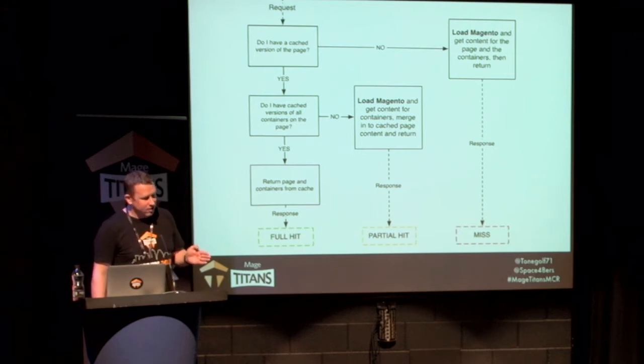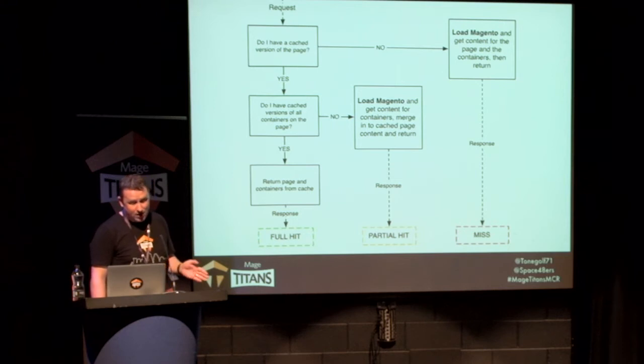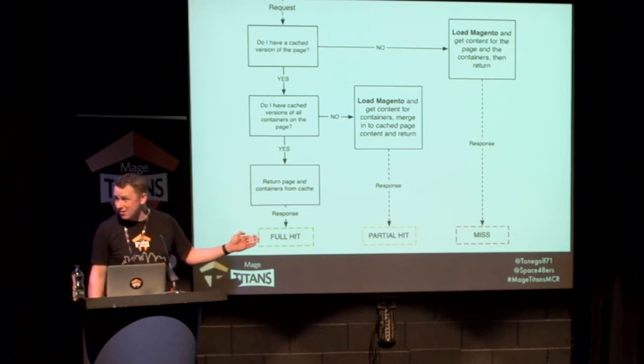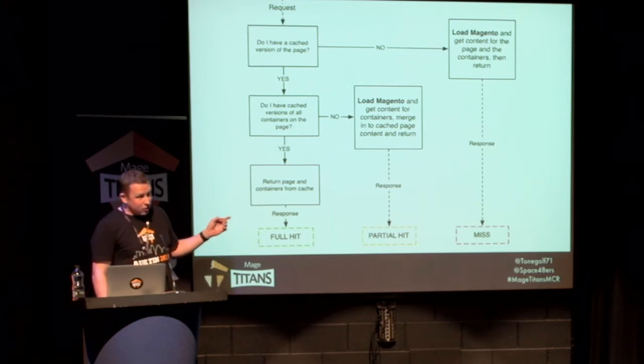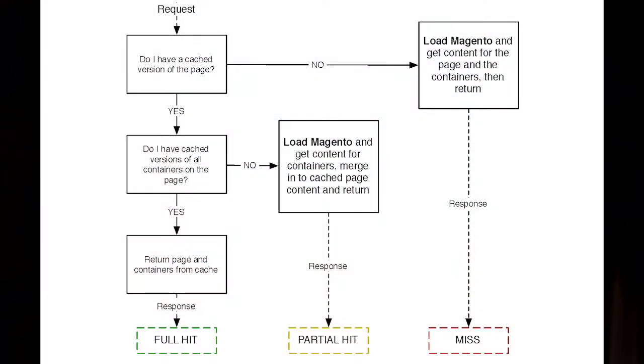So Max's module looks at a concept of knowing the difference between a full hit, a partial hit, and a miss. Hopefully this diagram is pretty easy to follow, but a request comes in, and Magento wants to return the request as fast as it possibly can.